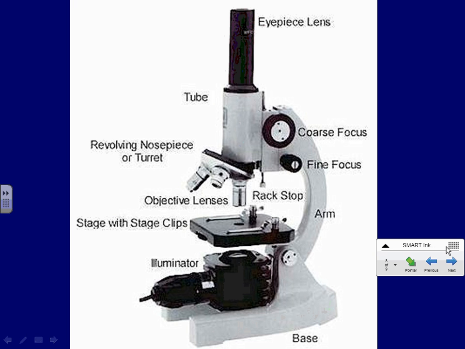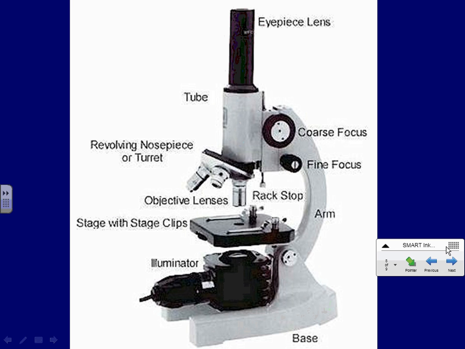The smallest one being the lowest, and the longest one having the highest magnification. And I can choose the magnification depending on how I rotate this thing. The thing that rotates is called the revolving nose piece. Funny name. I don't know why. I guess it looks like a nose a little bit. But it's called the revolving nose piece because it can rotate around and it can change the objective lenses.